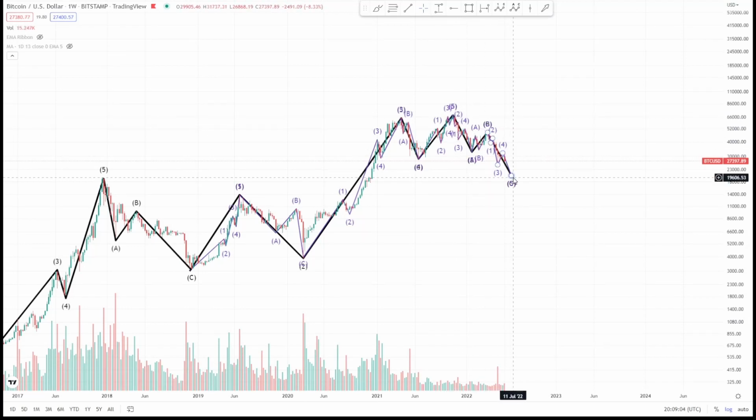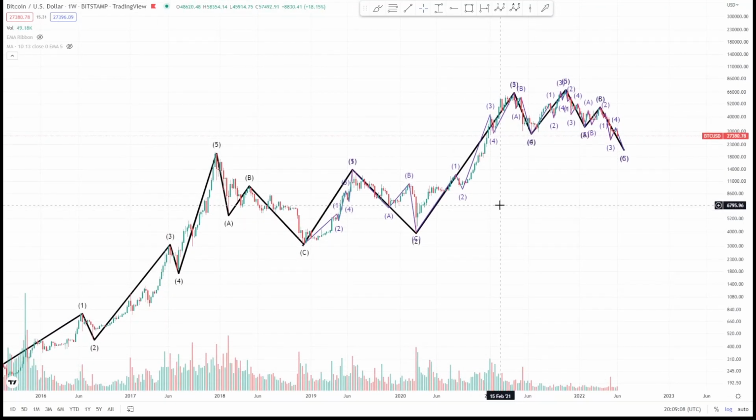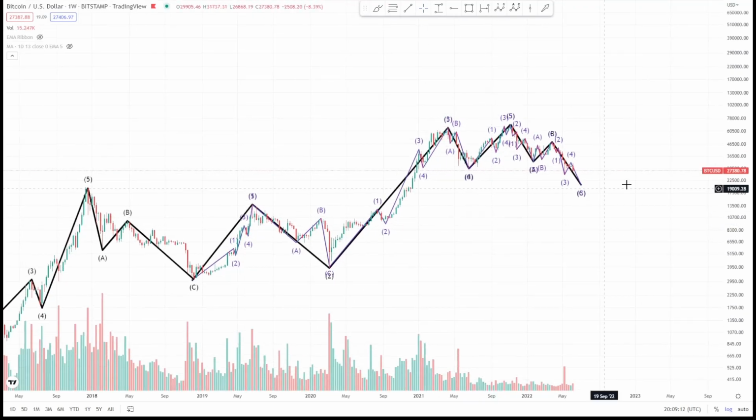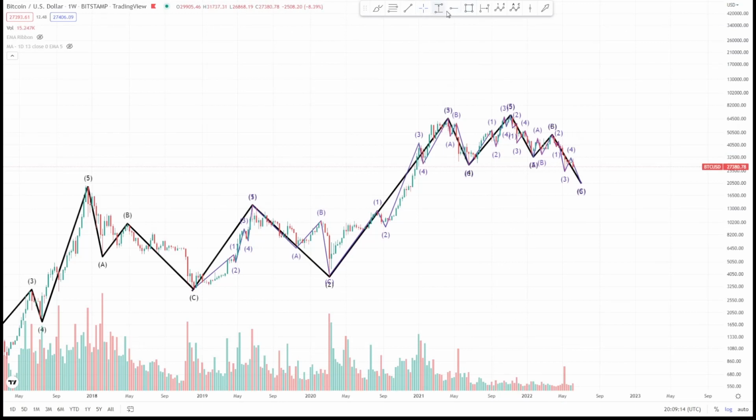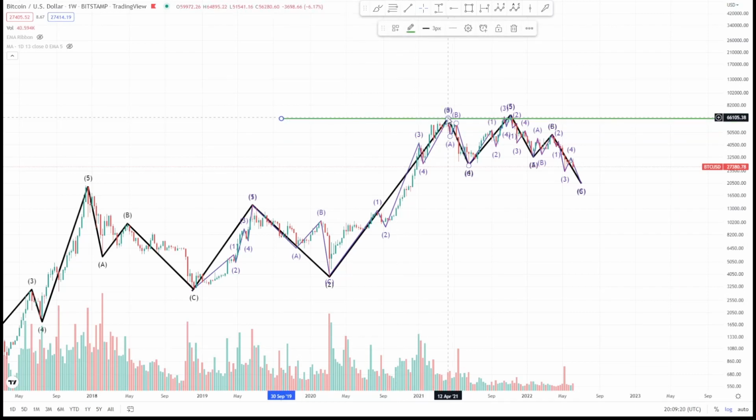And when you have your ABC correction, you typically come back between the 3 wave and the 5 wave. But at this moment in time, the 3 wave was up here. This was your 3 wave over here on Bitcoin, right at the top. So once again, 1, 2, 3, 4, 5. This was your 3 wave up here.